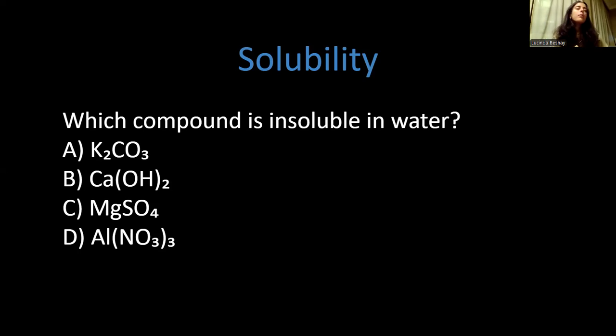Immediately when I saw it, my brain was like, oh yes, it's option A, because carbonates generally do not dissolve in water. But then I started thinking, okay, it's bonded to potassium. Is potassium group 1 on the periodic table, maybe?